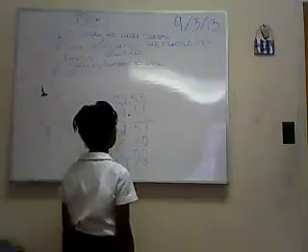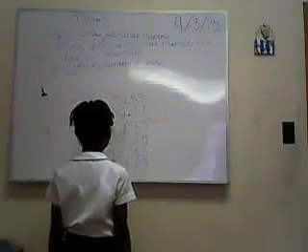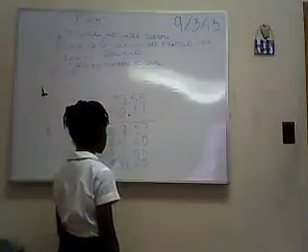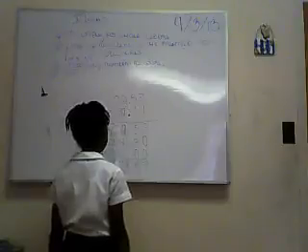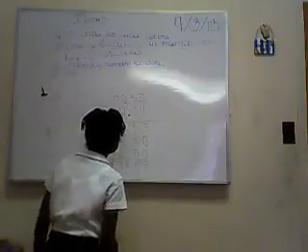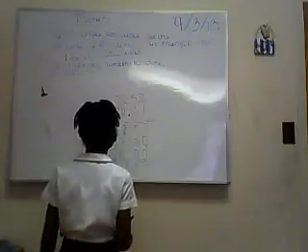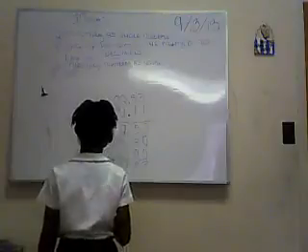Yes. 3 times 1 is 3. 5 times 1 is 5. Good. 2 times 1 is 2. Very good. And 6 times 1 is 6. Mm-hmm. 3 times 1 is 3. Good. 5 times 1 is 5. Okay. 2 times 1 is 2.